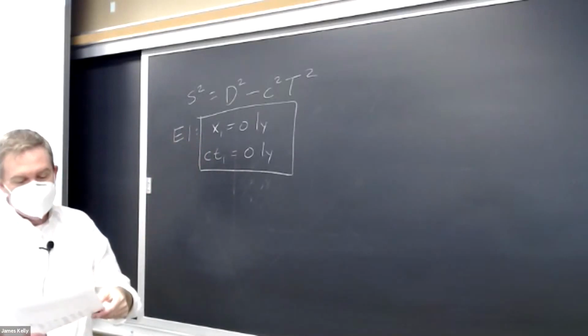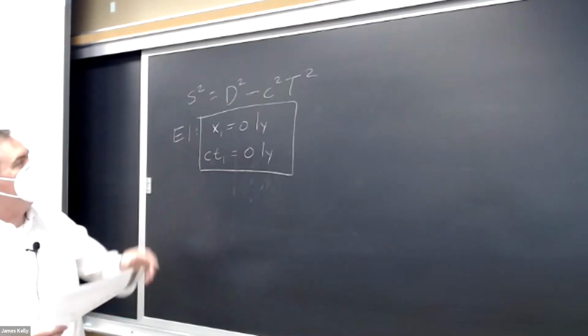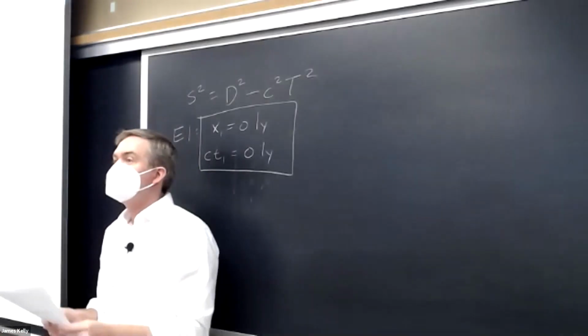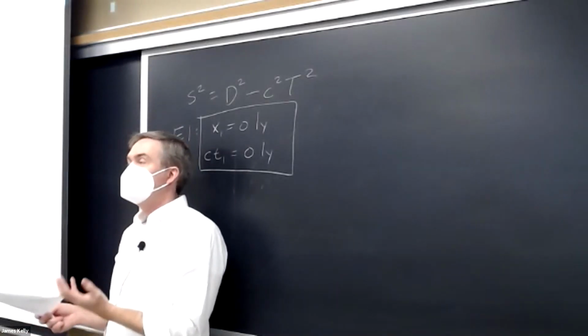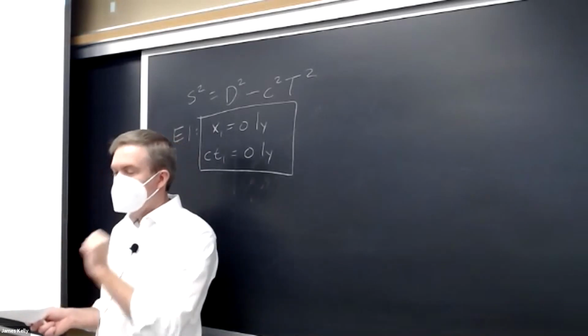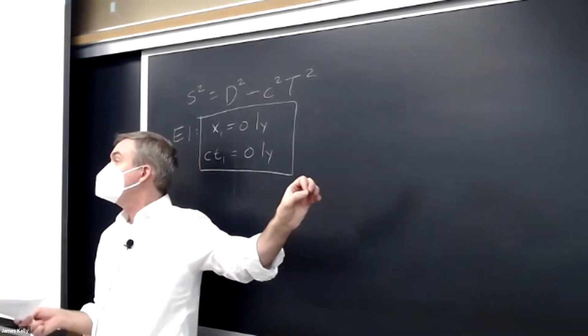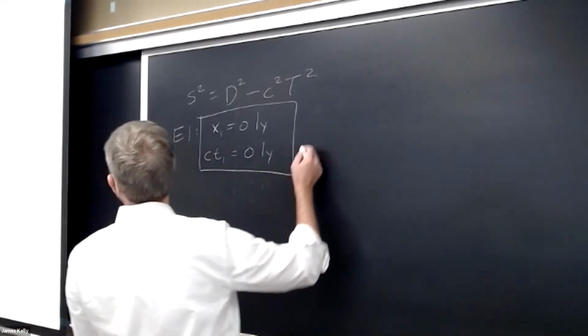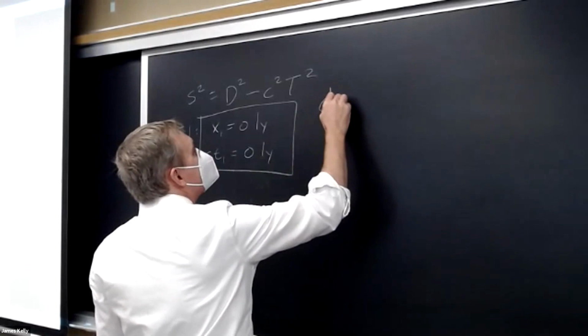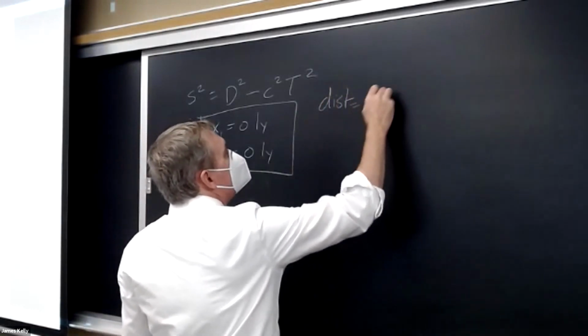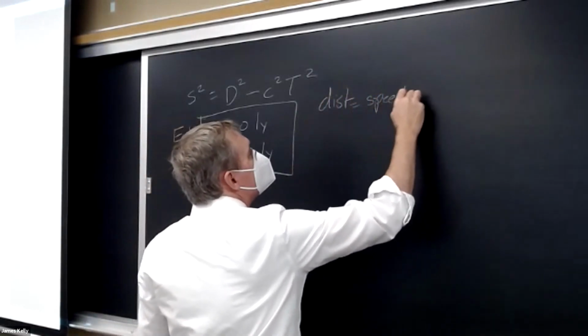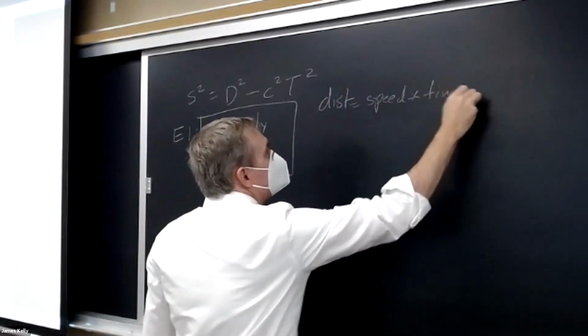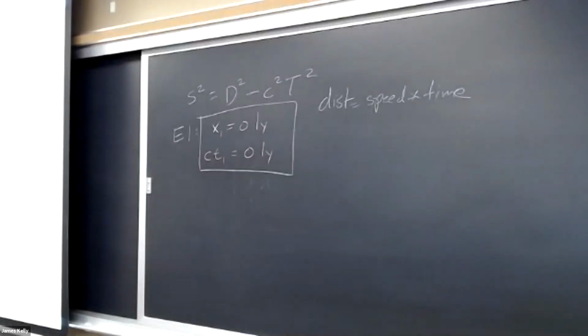I don't know the time difference between these two events from the Earth's point of view, but it can just be gotten by distance equals speed times time. So let's do a little calculation here. Distance equals speed times time. Got a lot of mileage out of that formula in this course.